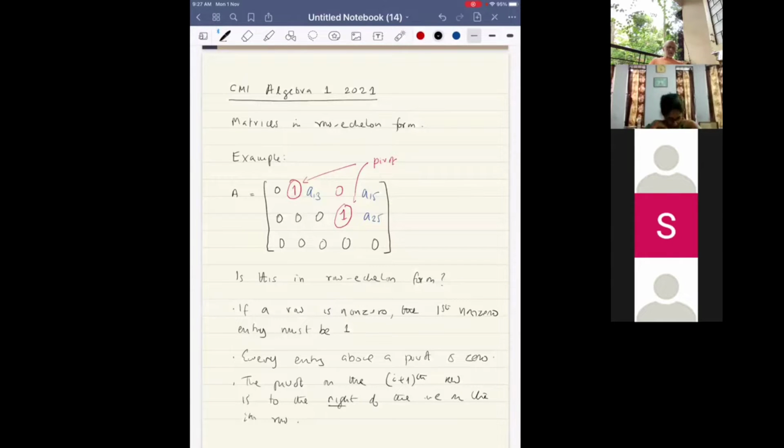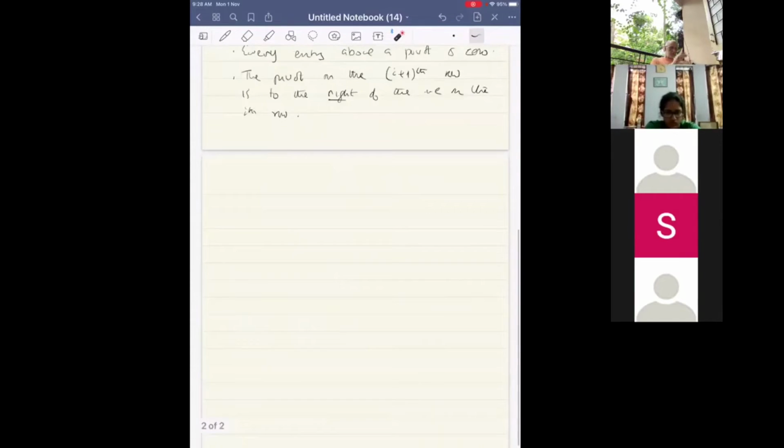Well, the only such pivot that is relevant is this one, because there is no pivot in the third row, and this pivot is to the right of this pivot. So all the conditions are satisfied. So yes, this is in row echelon form.